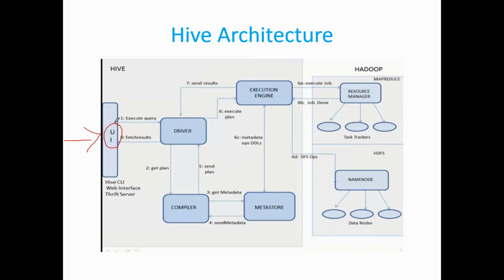The user interface is the place where you're trying to run your Hive queries from. You can run your Hive queries from either Hive CLI or the web interface or Thrift server. But for now, just think that you are running your Hive queries from Hive CLI. As soon as you run your Hive queries from your Hive CLI, the first point of contact is nothing but the driver.